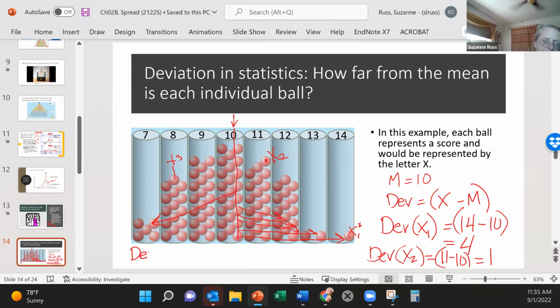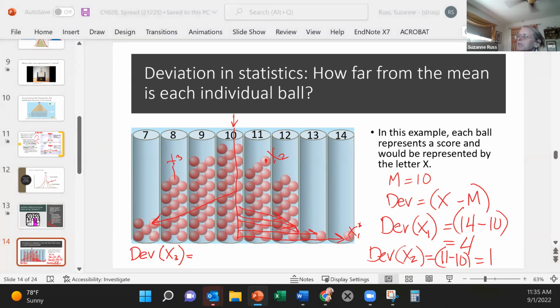If you can figure it out, plug it into the chat box. Working with negative numbers a minute here. The deviation for X3.